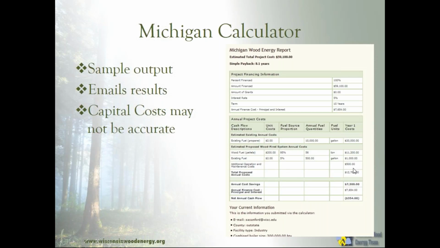I think you can enter that as a number in there if I'm not mistaken. But it calculates out your annual savings and your net cash flow. And it also calculates the payback. So the simple payback is up here at the top. It's 8.1 years for the example that was put in here. So that's just an example of what that unit does.